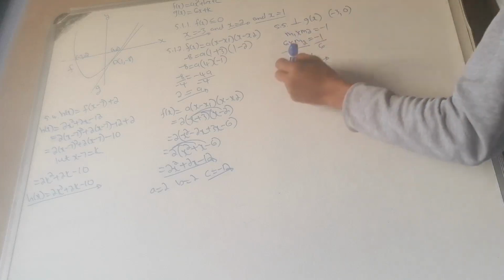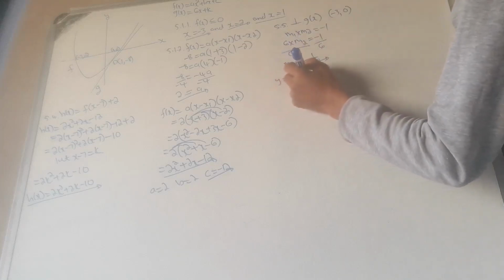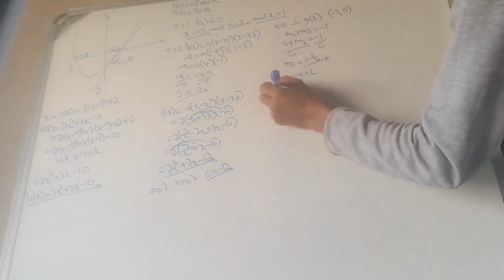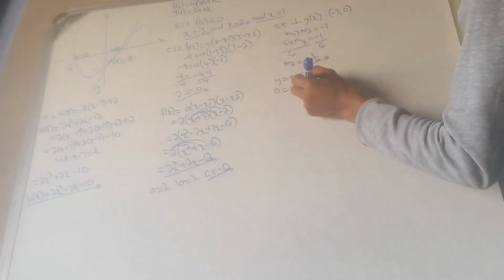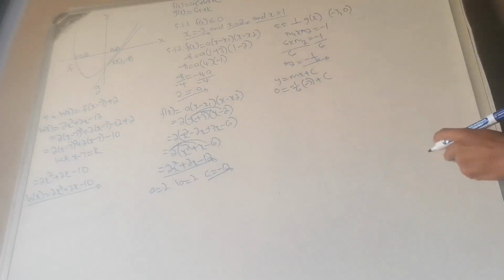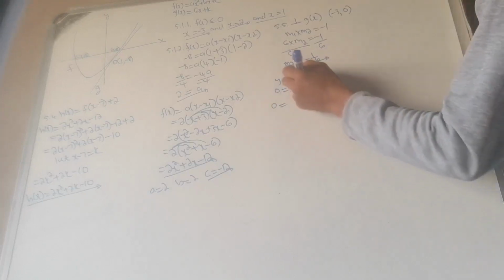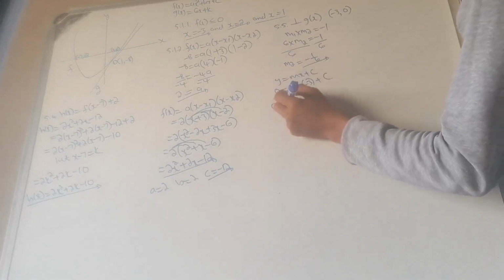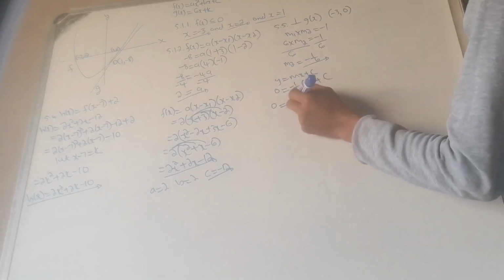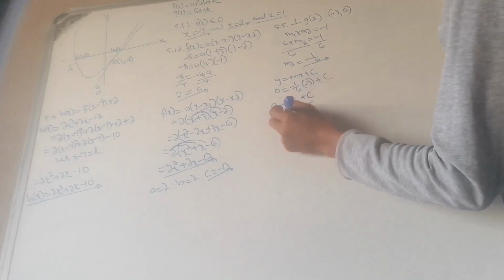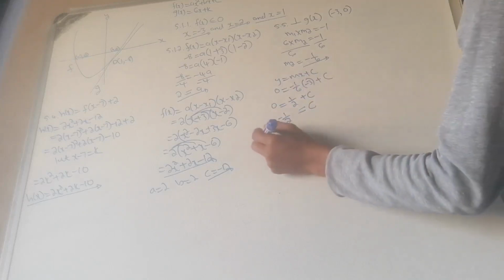It passes through that point: y is 0, the gradient is negative 1 over 6, x is negative 3, and I need c. Here 3 divided by 6 is 1 half, plus c equals 0, so c is negative 1 half.